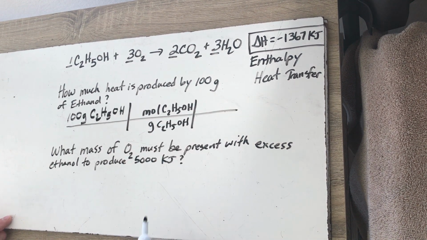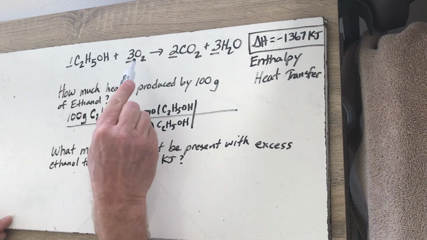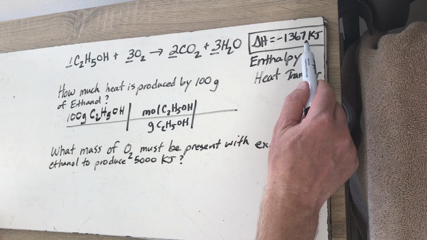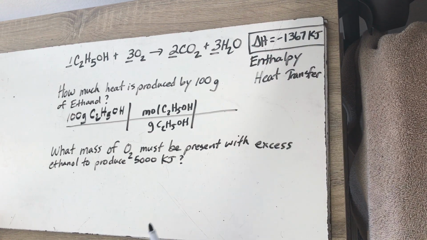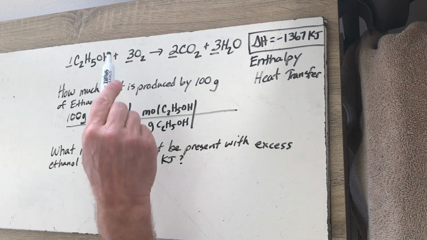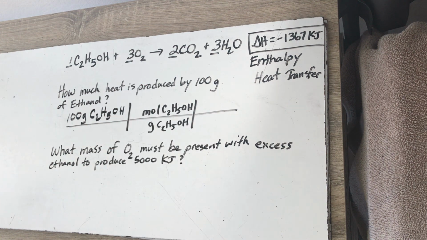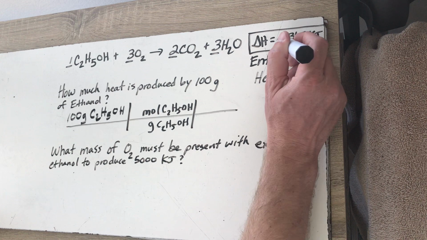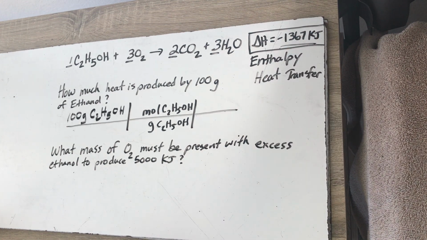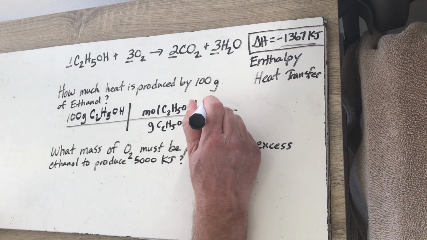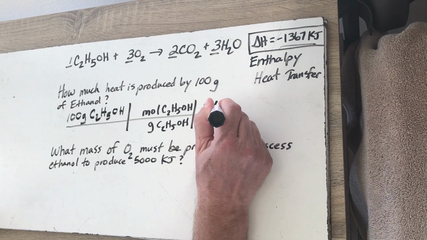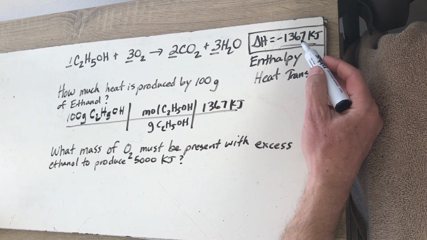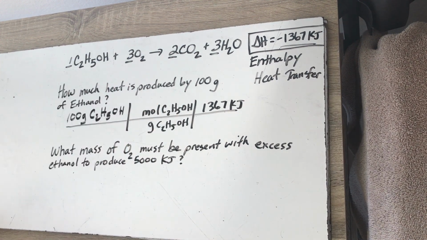Now once we have the moles of one of these things within the reaction, just one of those items, we can relate it directly to the ratio of energy that it produces because we're assuming we have enough of the other stuff to make this reaction happen. So right now what I'm seeing is 1,367 kilojoules are going to be produced in a perfect reaction by 1 mole of ethanol.